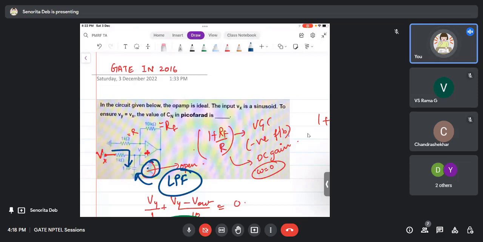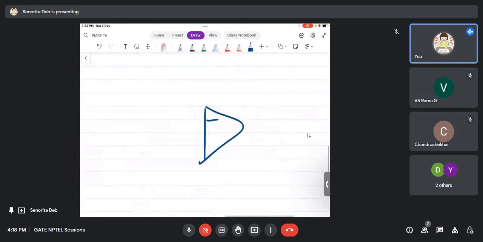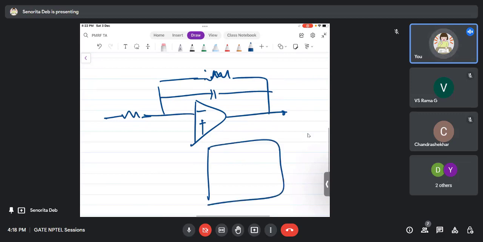Okay, so these kind of capacitors are normally attached for low pass filtering action. Suppose you are designing some PCB, so the PCB routes will have noises.